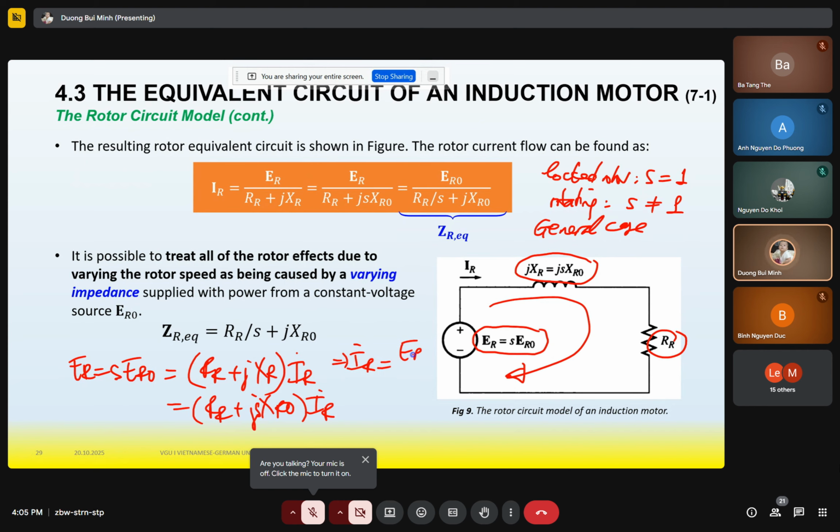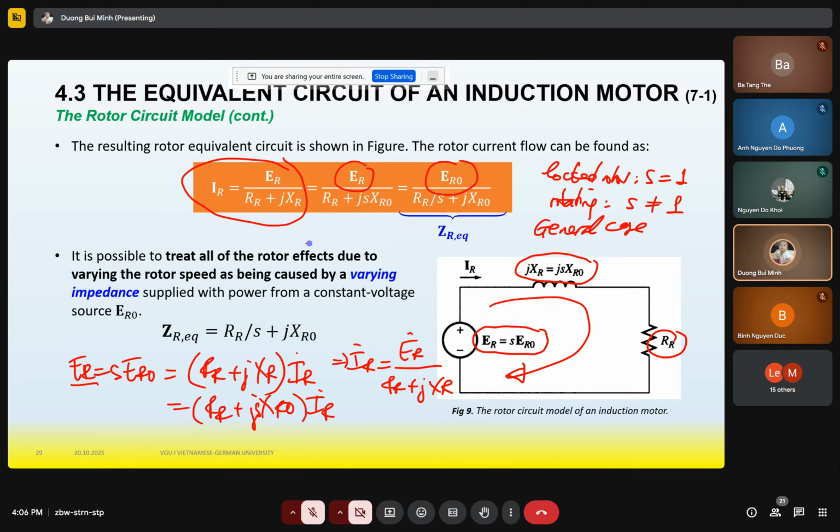So IR equals ER over RR plus jXR here. ER is S times EI0, and XR is S times XI0.